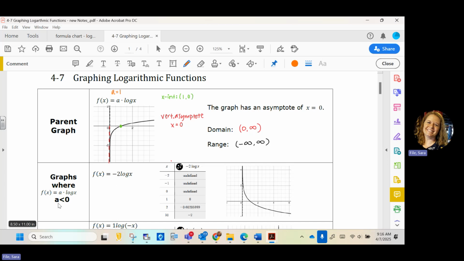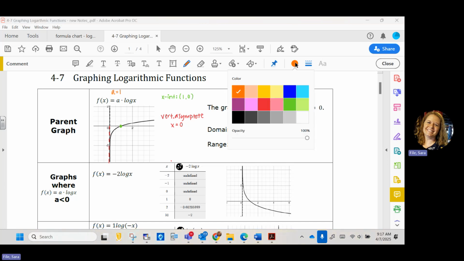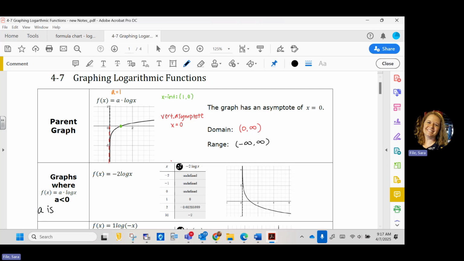See here it says when a is negative, or not negative. It doesn't say when a is negative. It says when a is less than 0, but less than 0 means negative, right? So I'm going to make that note here. Okay. Say a is negative.